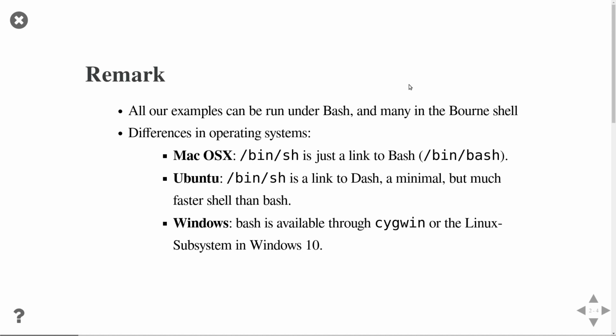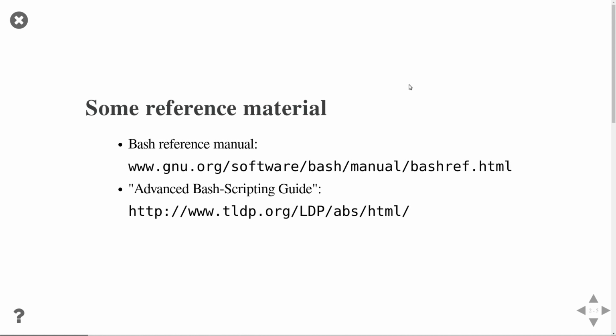And then on Windows, you get Bash either through Cygwin or through the Linux subsystem in Windows 10. But if you want to make sure that you run a command using Bash, then it's best to explicitly say /bin/bash. You'll see that in a second. So here's some reference material if you want it.